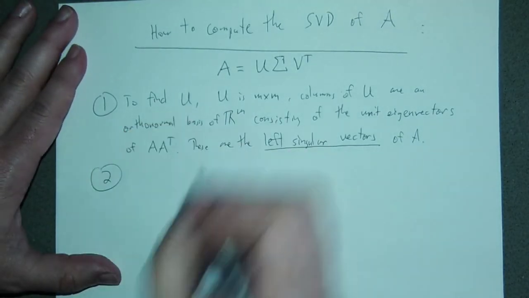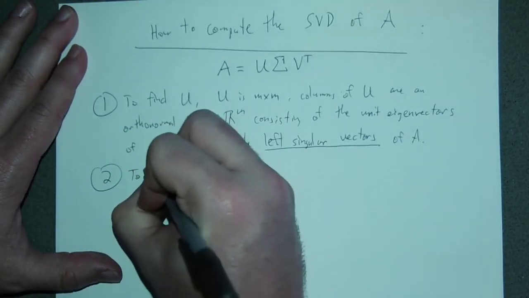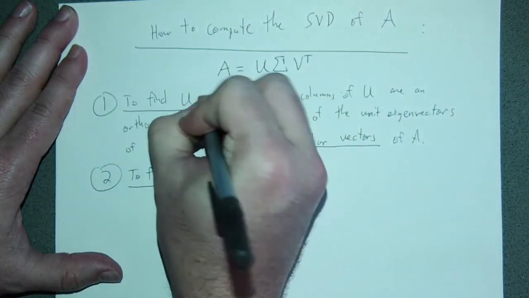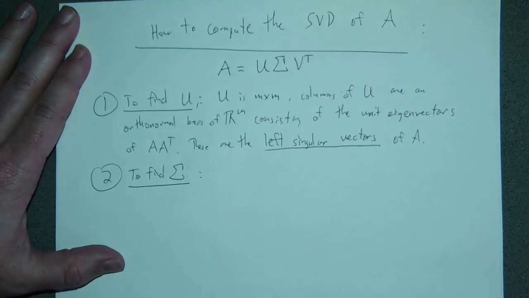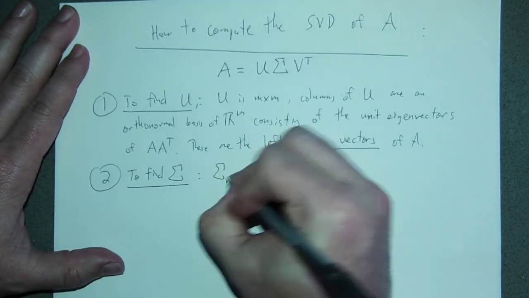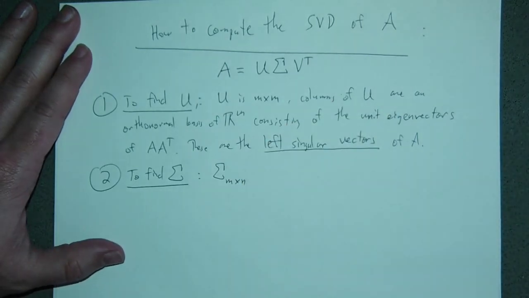Okay. So to find sigma, how do I find sigma? Sigma is an m by n matrix.